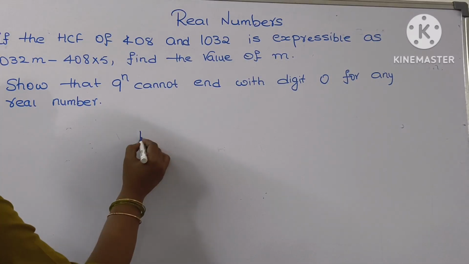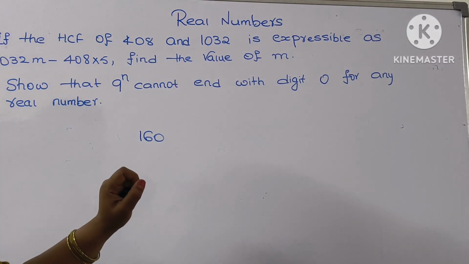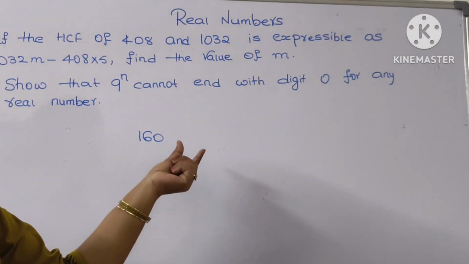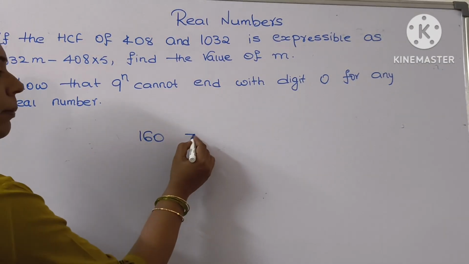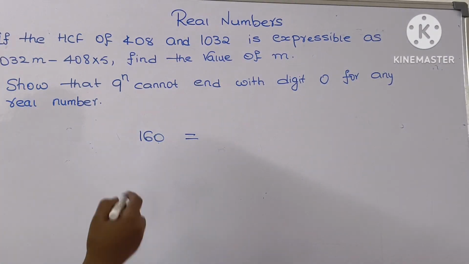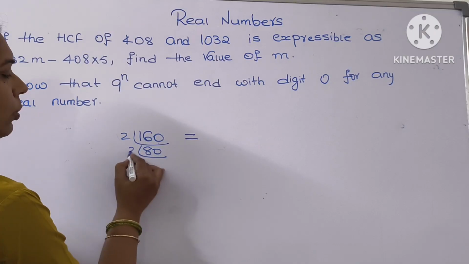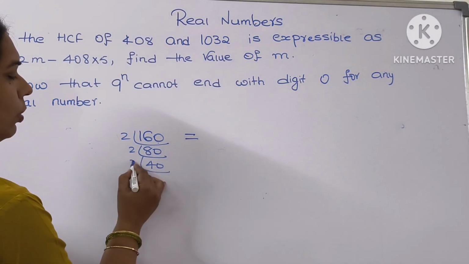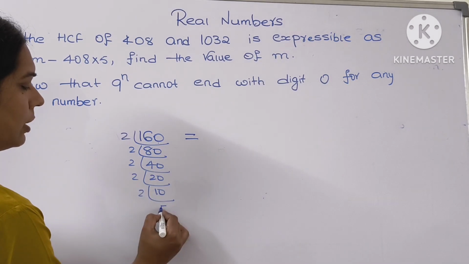Let me take a number 160. This is a number ending with 0. Now let me do the prime factorization. 2 80s, 2 40s, 2 20s, 2 10s, 2 5s.